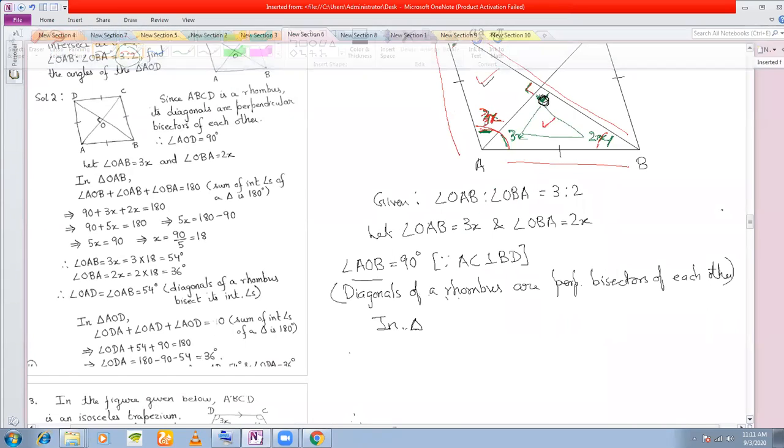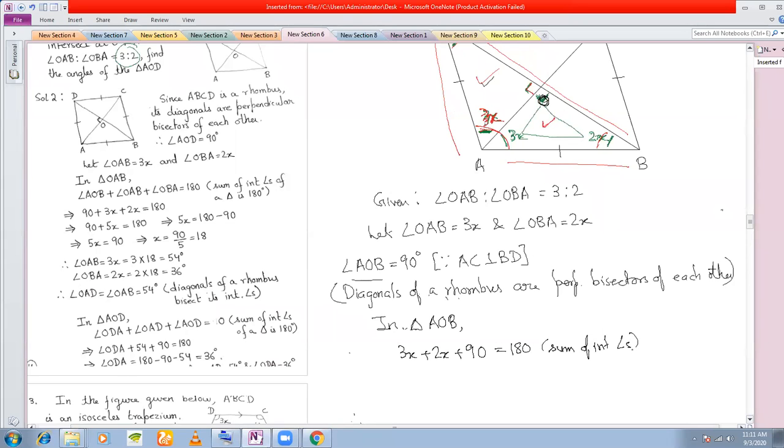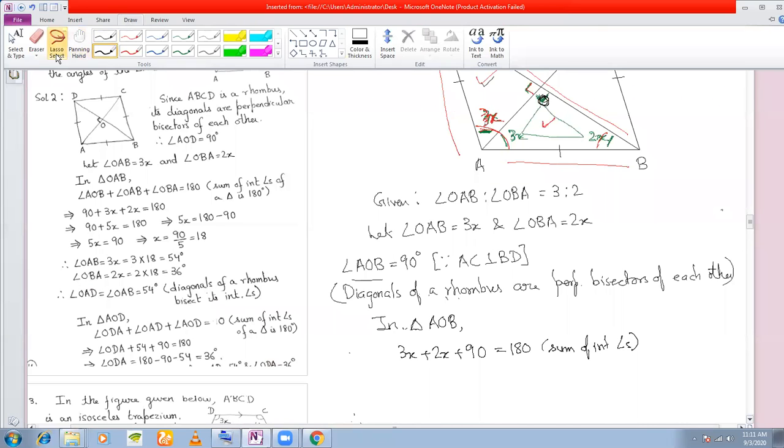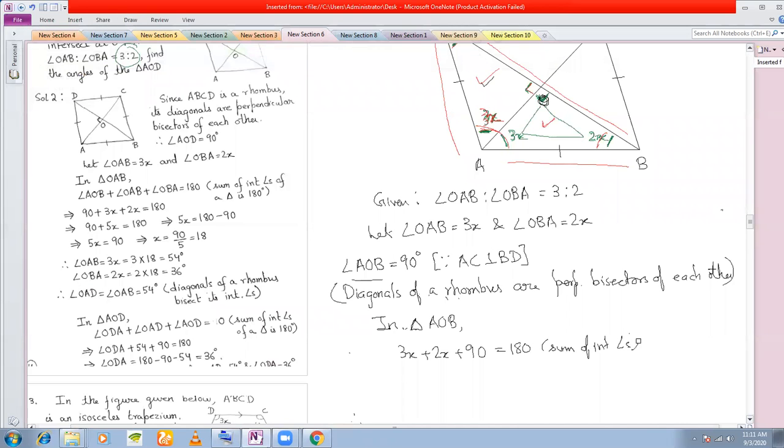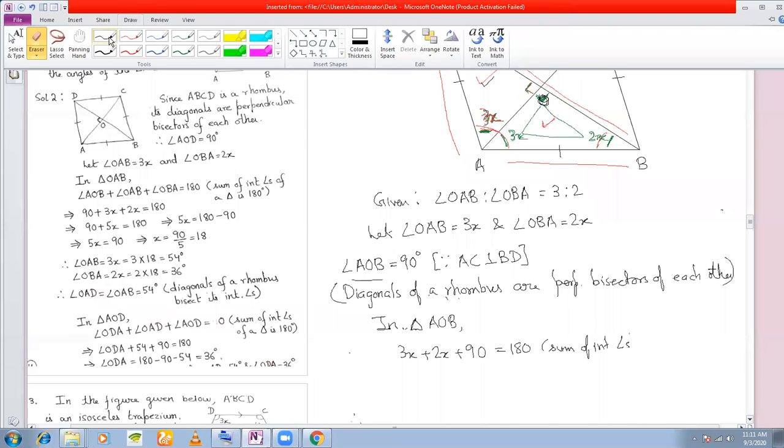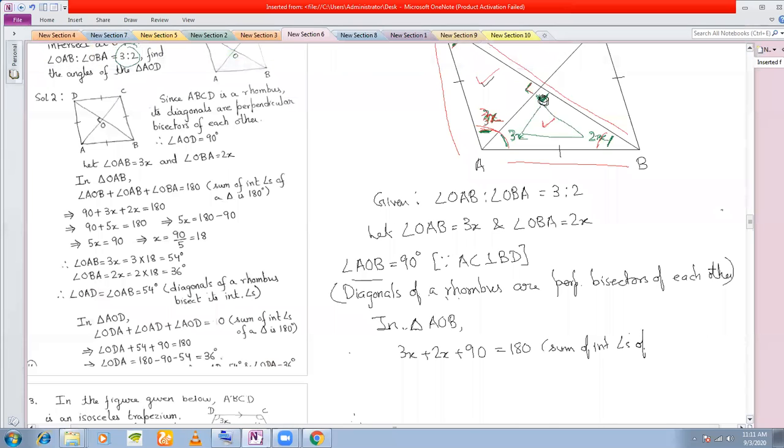So what we do here is we write, in triangle AOB, 3x plus 2x plus 90 is equal to 180, because the sum of interior angles of a triangle is 180.